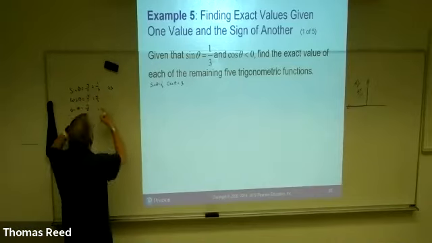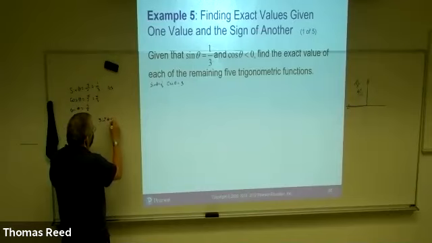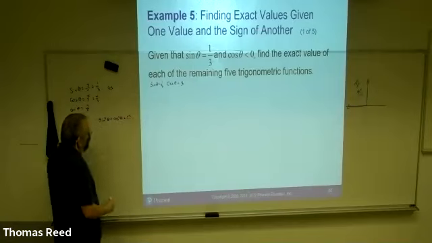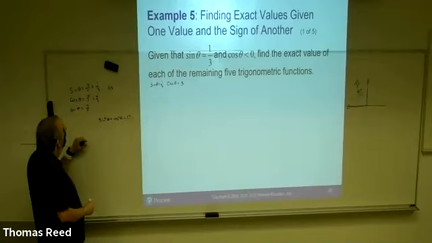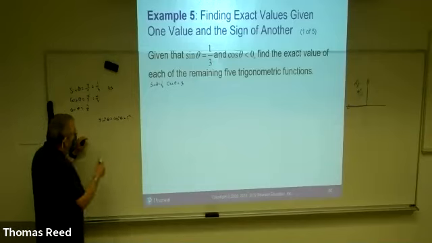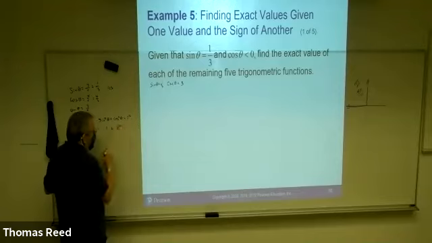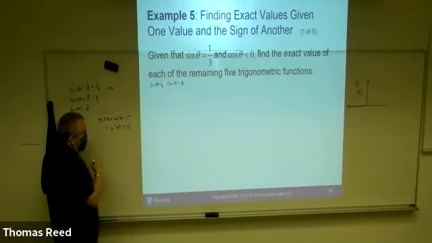So from here, we have sine squared plus cosine squared equals r squared. Sine is the y value, so that's 1, plus cosine squared. Cosine is the x value squared. And r is 3, so we get 3 squared.